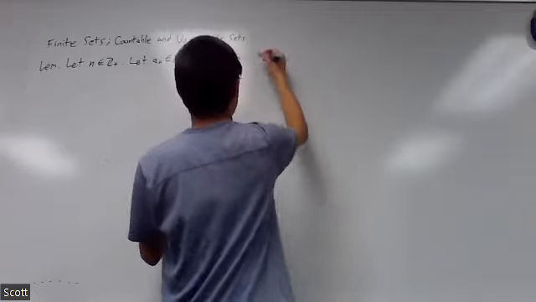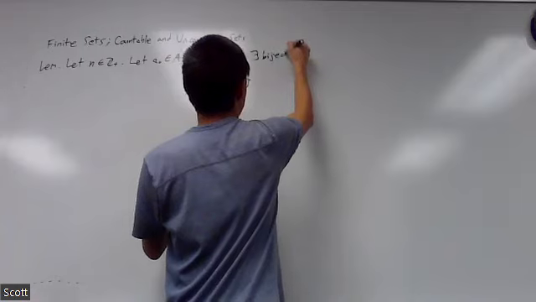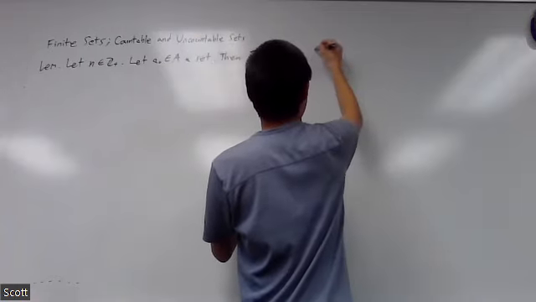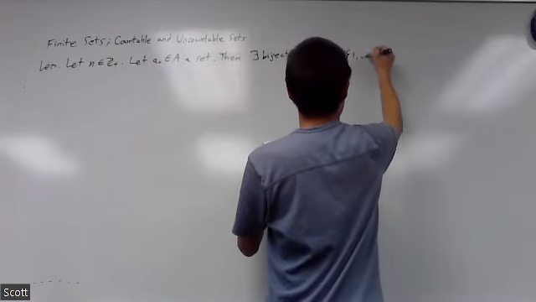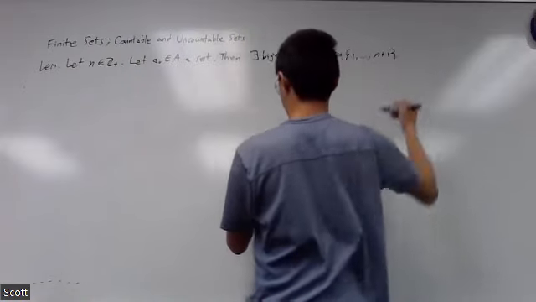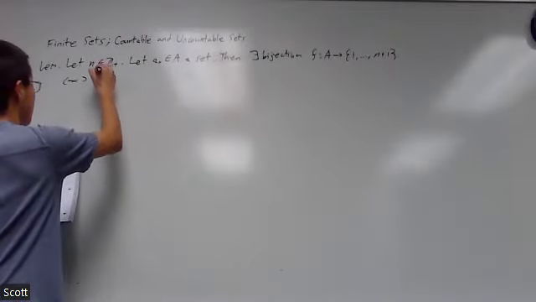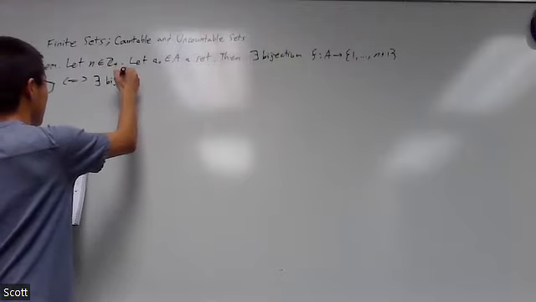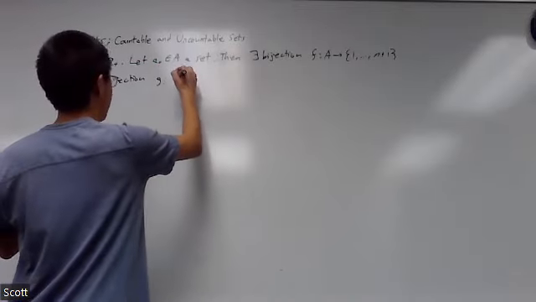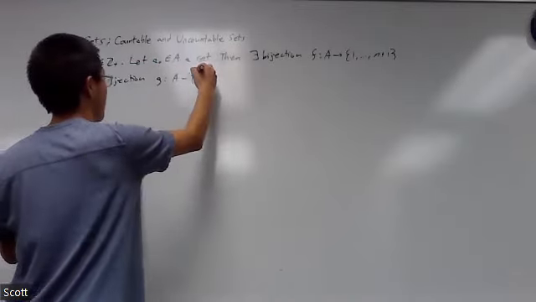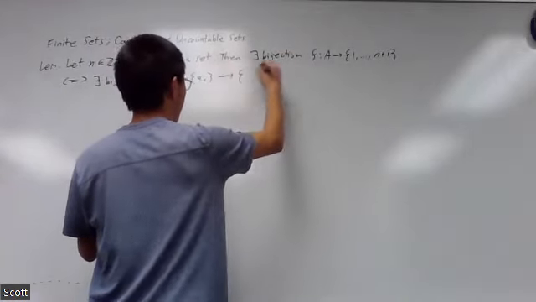Then there's going to be a bijection, we can call it f, that's going to take A to 1 to n plus 1, if and only if there is a bijection g that's going to take A without the element a naught, mapping that to the section reduced by 1.